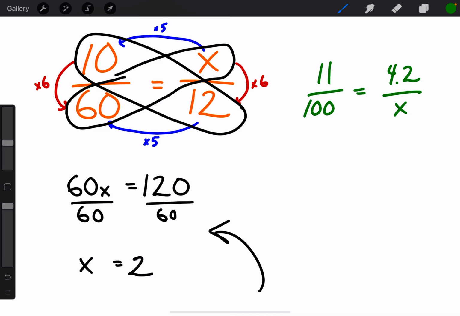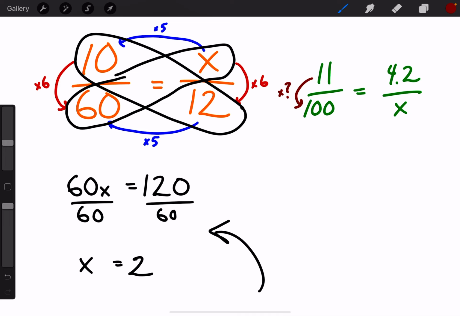Well, it's not super obvious what I'm going to multiply 11 by to get 100. And same thing with 4.2 and 11. So the pattern idea doesn't work so great here.